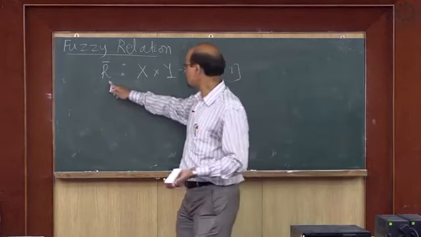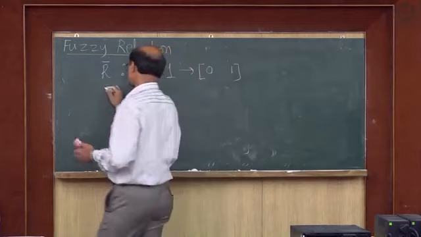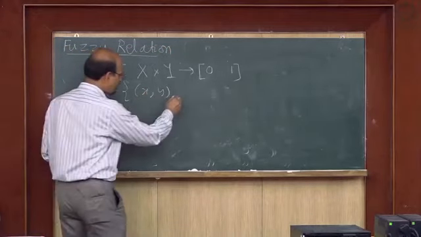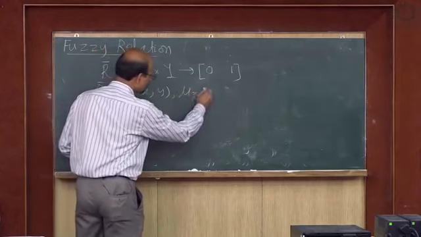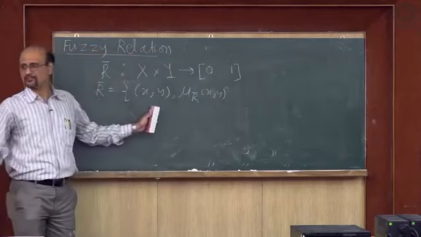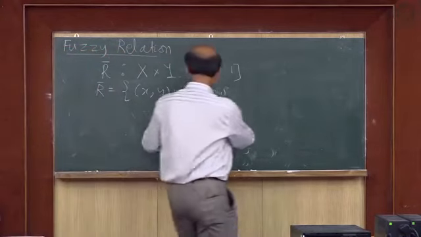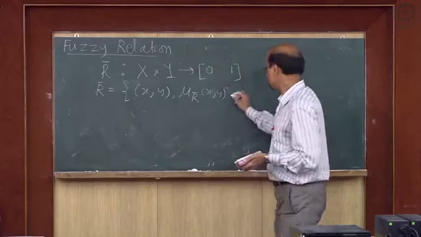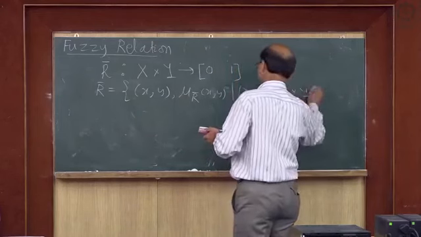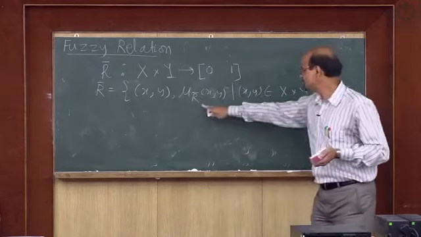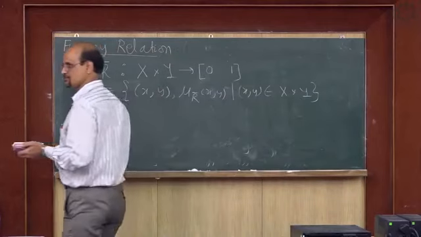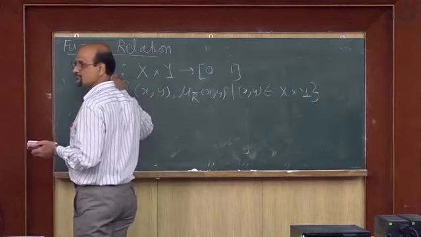Okay? Now I can also write this R bar like this: {((x, y), mu_R bar(x, y))}, such that (x, y) belongs to X cross Y. This is just the way of writing the fuzzy relation, where mu_R bar(x, y) is the membership function for this relation.